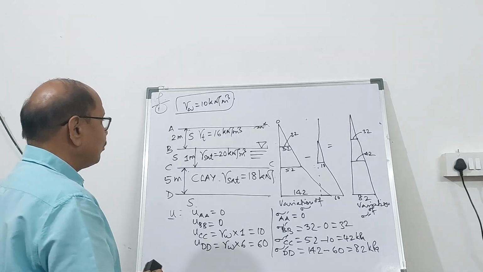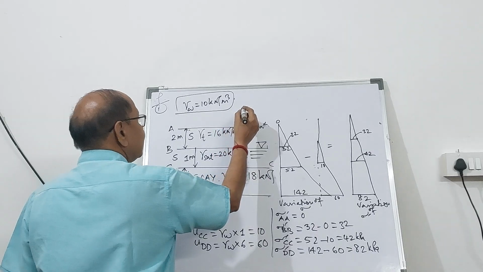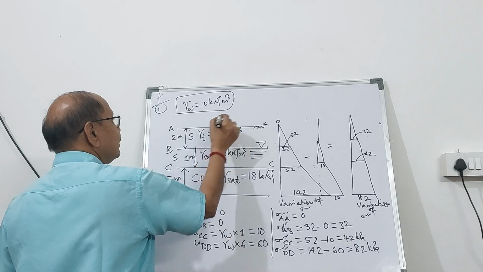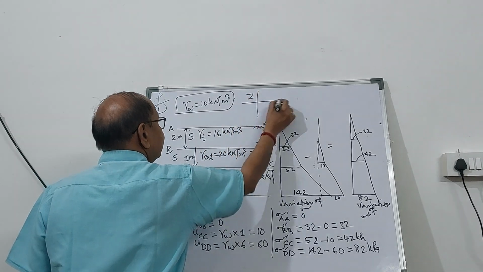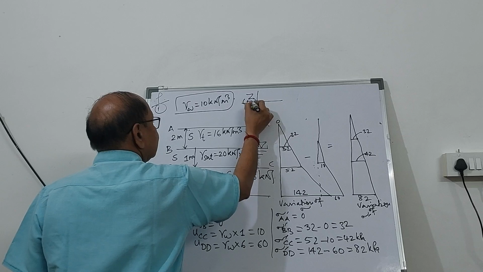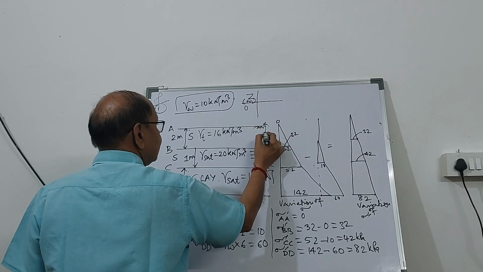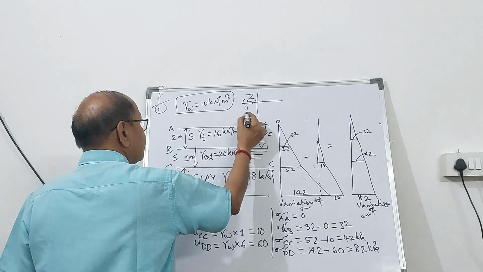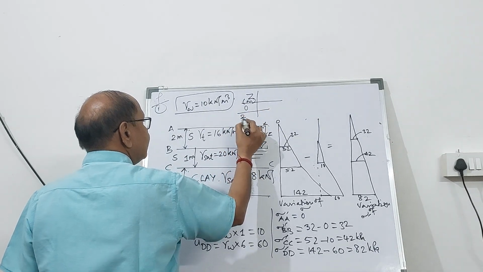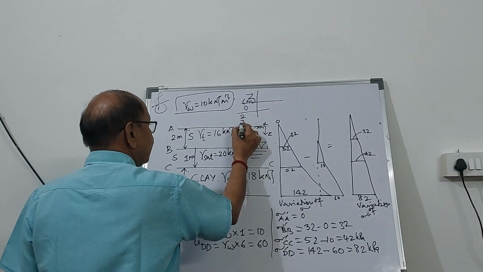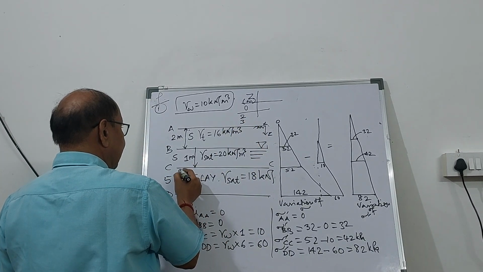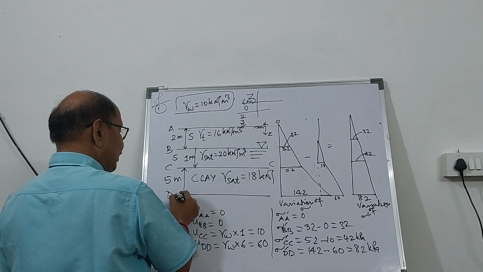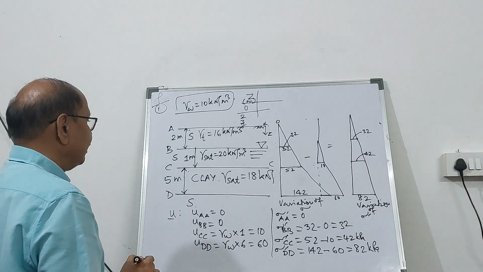In a tabular form, if you calculate, it will always be better. So in a tabular form, how will you calculate? You can keep the level at Z. So Z equal to 0, Z in meter. Z is the vertical distance or depth from the ground level. So you can keep it 0, at 2 meter, then at 3 meter, then at 3 plus 5, 8 meter. So you will be coming to this DD level.